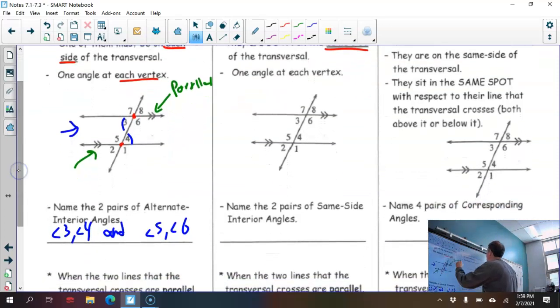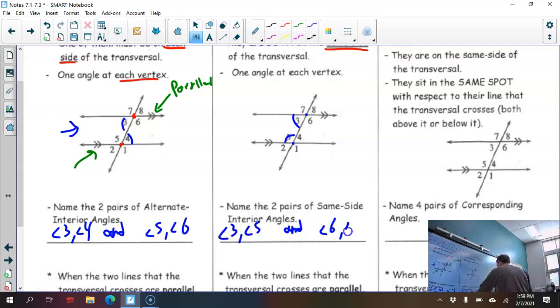So in this case, we are talking about these two angles, both interior, both on the same side of the transversal, and of course, one of them at each vertex. So we're talking about angle 3, angle 5, and angle 6, angle 4 would be the other pair of same side interior angles.